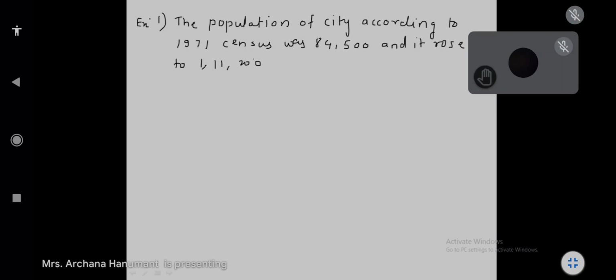Find the percentage increase in the population.